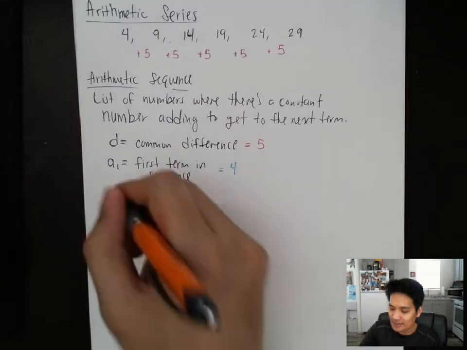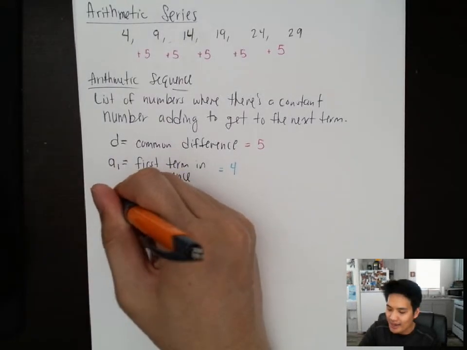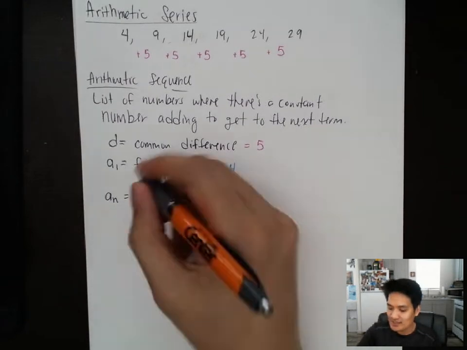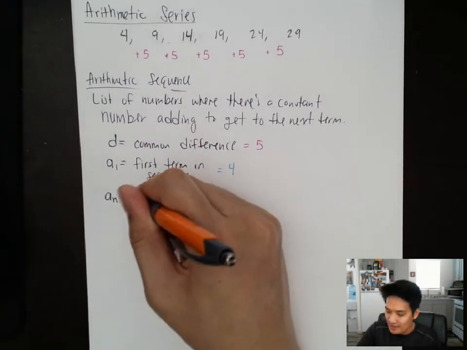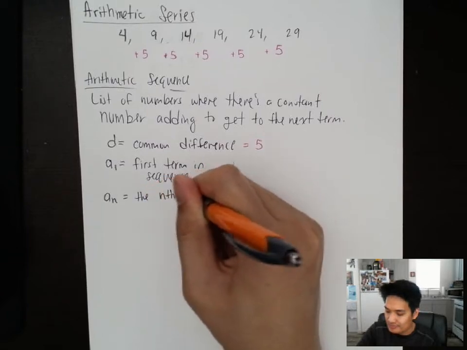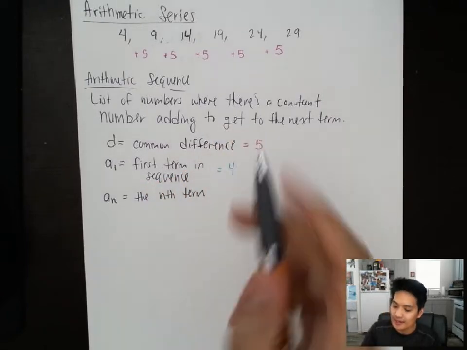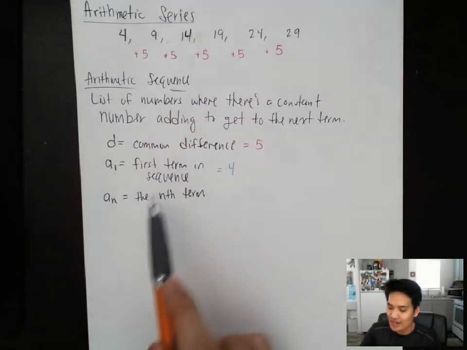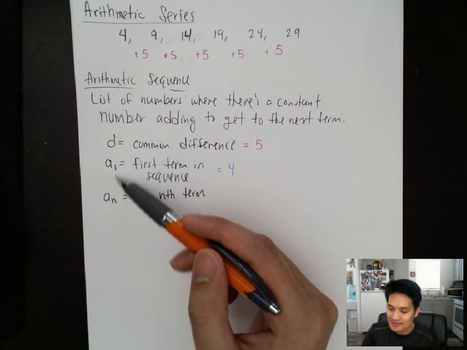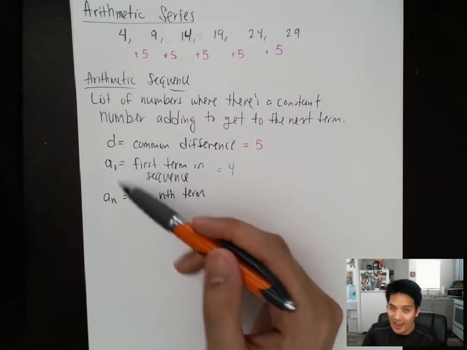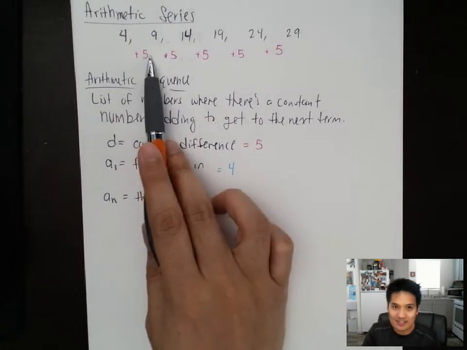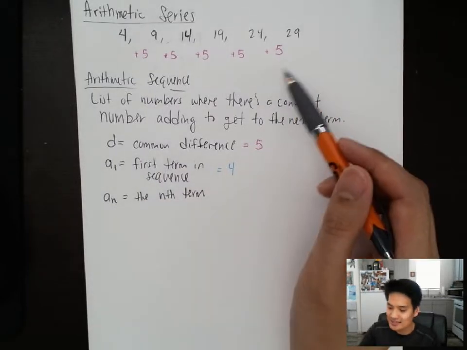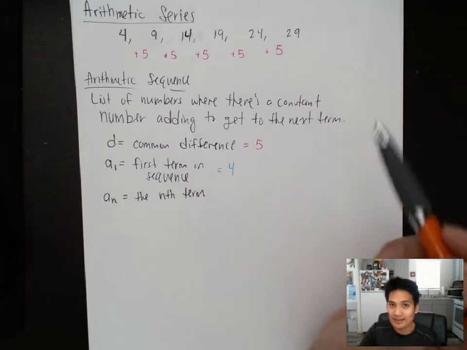And then the next one we have is A sub n. It represents the nth term. In this case, I have 6 terms. A sub n could be A sub 1, which represents the first term. If n is 2, that gives us the second term. And if n is 6, A sub 6 gives us 29, correct?